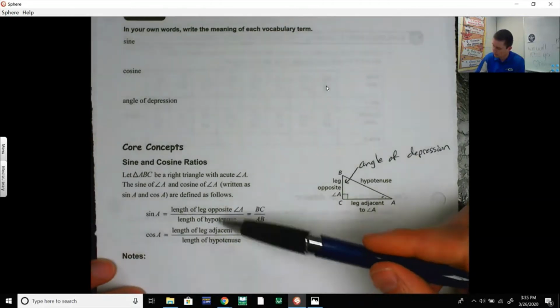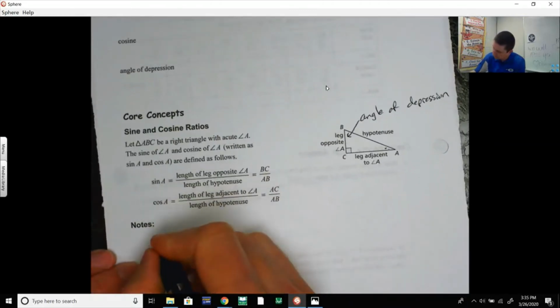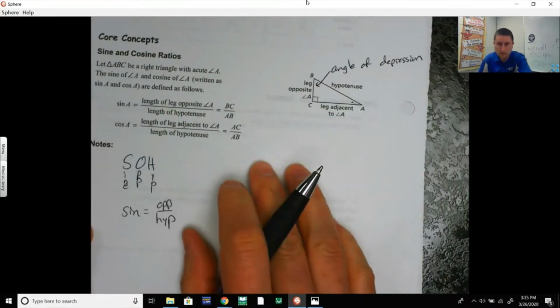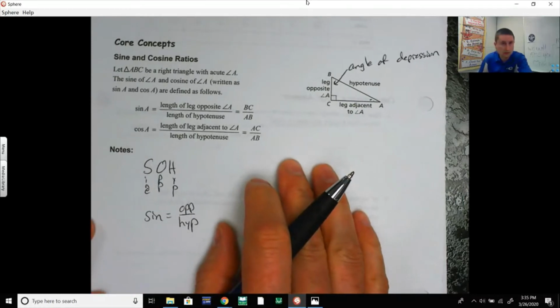So sine is opposite over hypotenuse. We say sine is opposite over hypotenuse. There's a SOH. Screwed that up, sorry about that. Normally kids are here looking at this on the board, and you can tell me when to scoot that up.